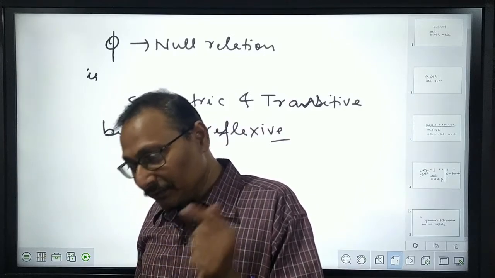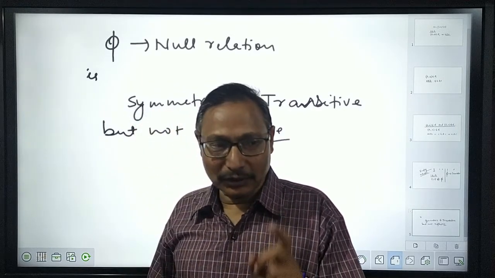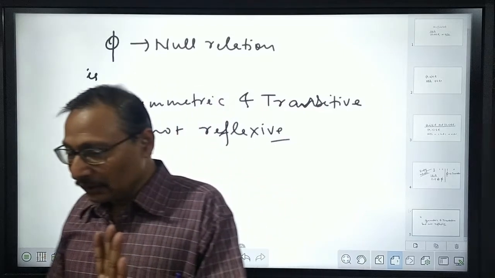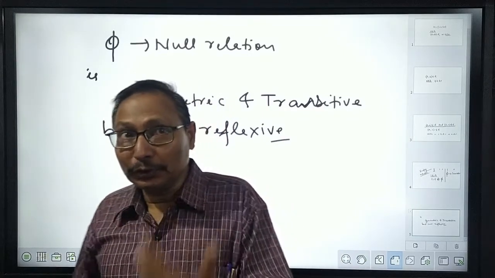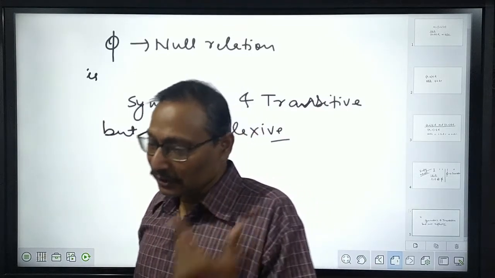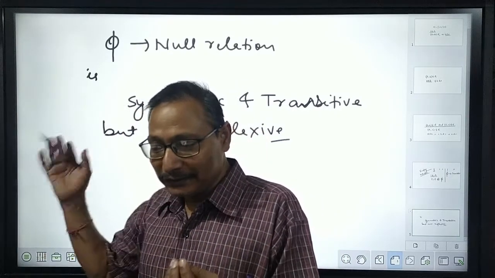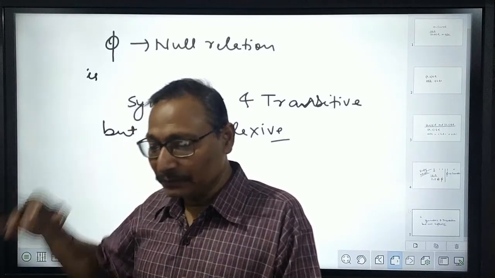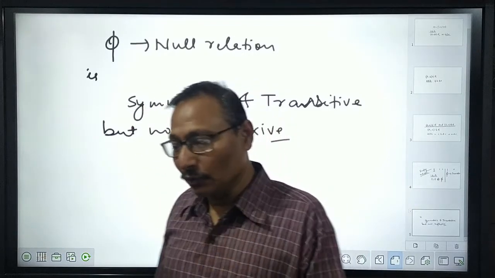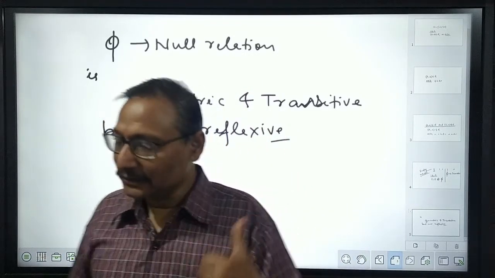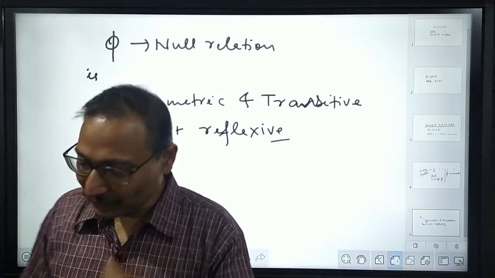We cannot conclude. So this is not reflexive. But in the process of showing symmetricity or transitivity, we are unable to pick a pair or two pairs from inside the relation. So we concluded that this relation is symmetric as well as transitive.